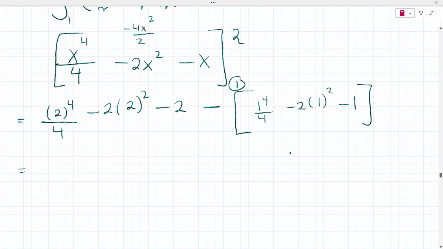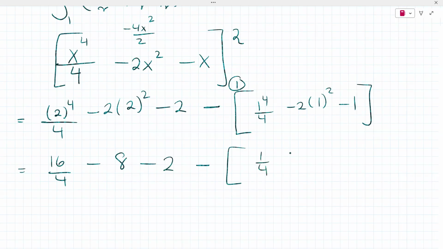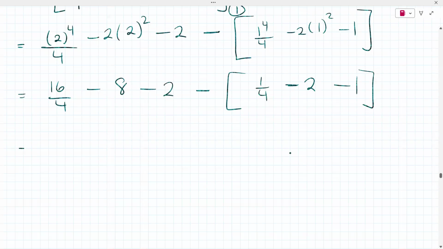2 to the 4th is 16, minus 2 times 2 squared, 4 times negative 2, negative 8, minus 2, minus bracket, 1 to the 4th is 1 over 4, minus 1 squared is 1 times 2, that's negative 2, minus 1. 16 divided by 4 is 4, minus 8, minus 2, minus 1 over 4.